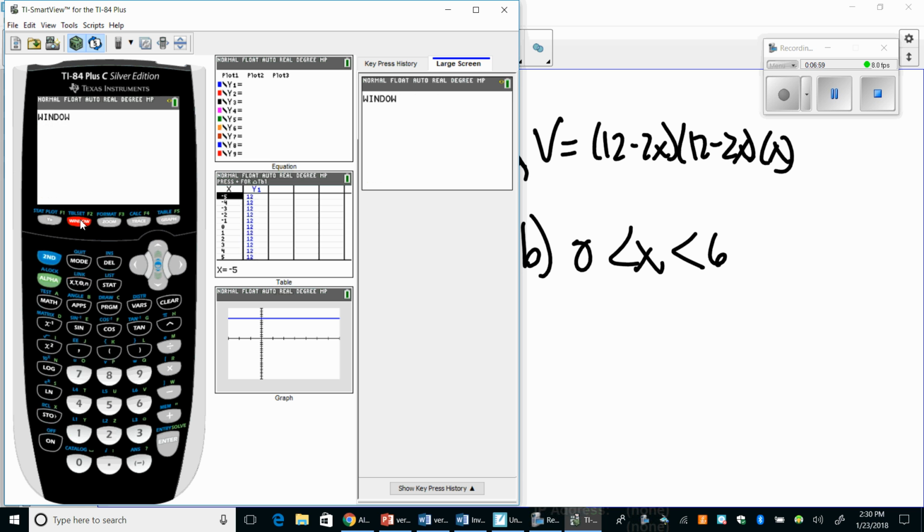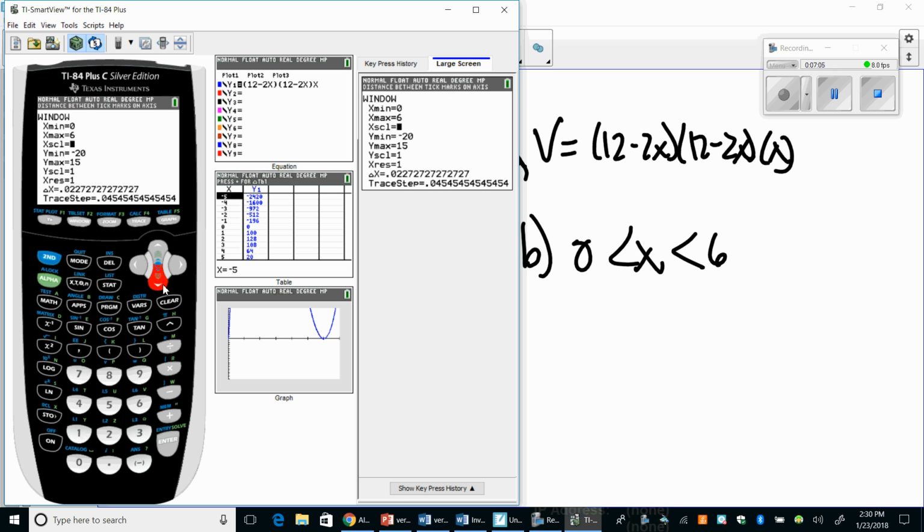And for my window, I'm going to go from 0 to 6 on the x. If I had 6, let's go up to about 200 on the y max. Let's see what that does.